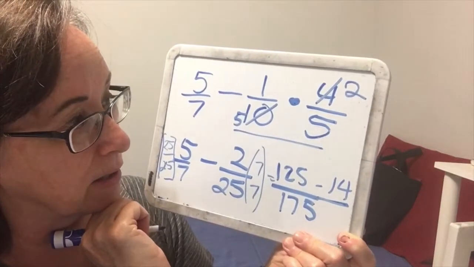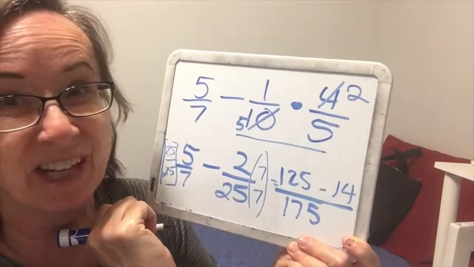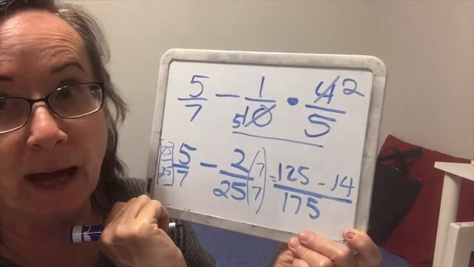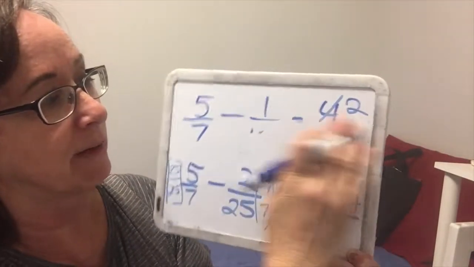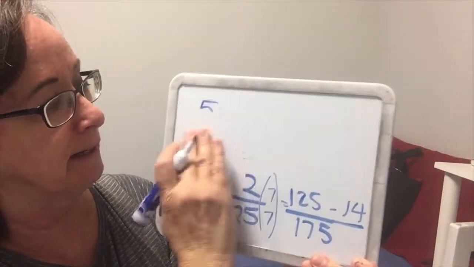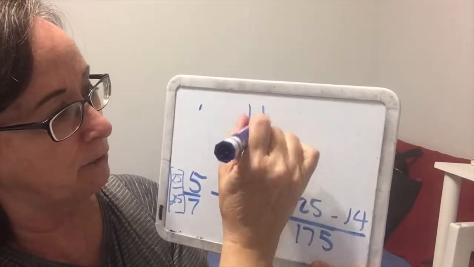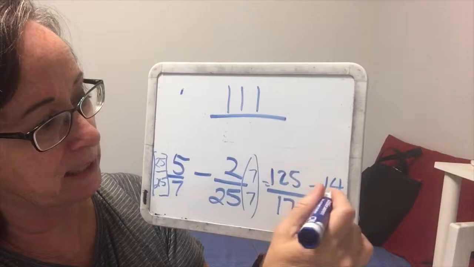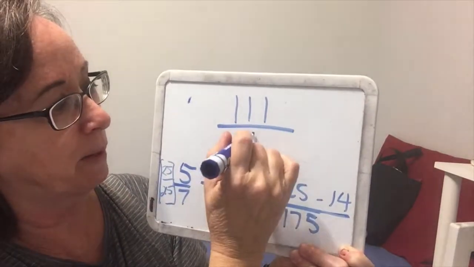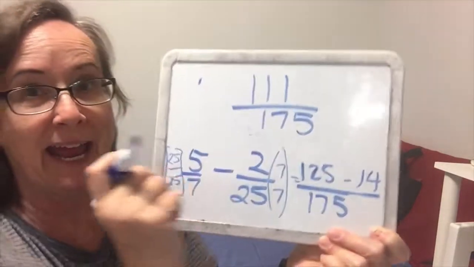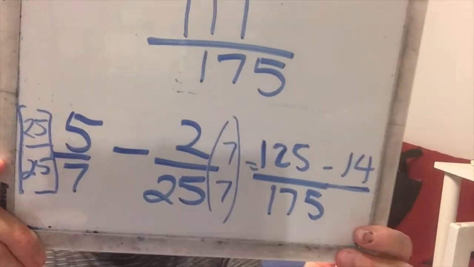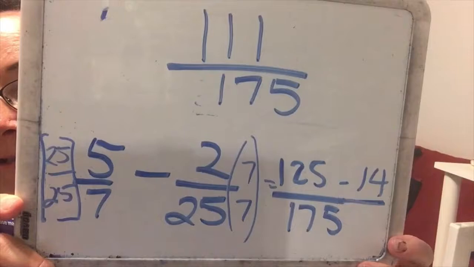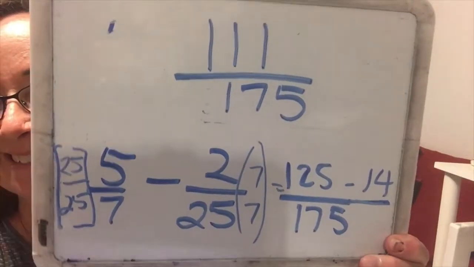So our answer is going to be 111 divided by 175. So I'll write that down right here so you can see it. 111, because that's what we get there, divided by 175, and that is your last example, and that is the correct answer. And now we're going to go to our practice problems.